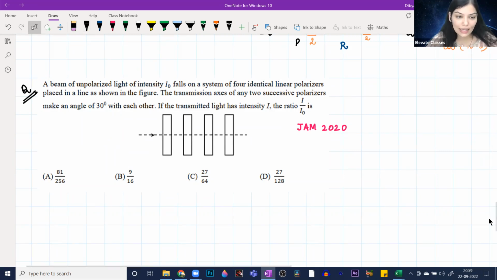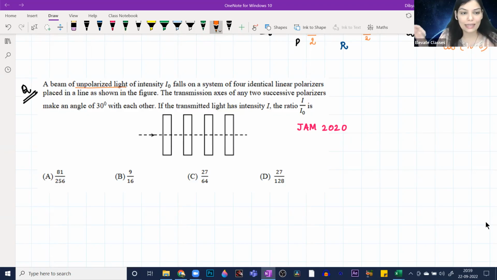So what is the input? Highlight it in your copy, because this is where you will make a mistake. It's an unpolarized light. So unpolarized means that it is something like this.